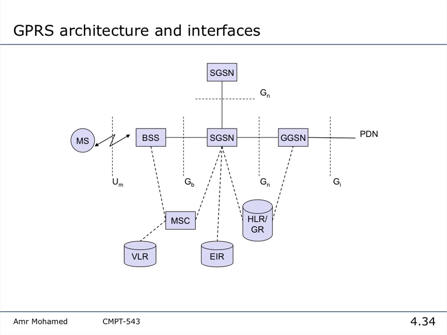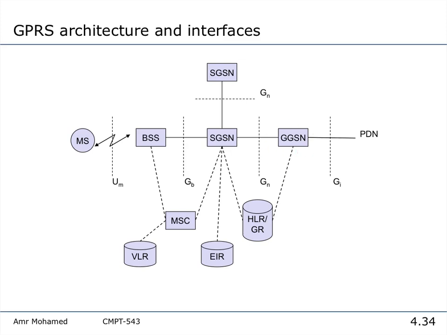That includes other service providers, a different service provider, a different network altogether. Same as the IWF. Yes, exactly. The IWF, the interworking function, is part of the GGSN. Also, part of it is the mapping between private addresses and public addresses. All of this is done here.